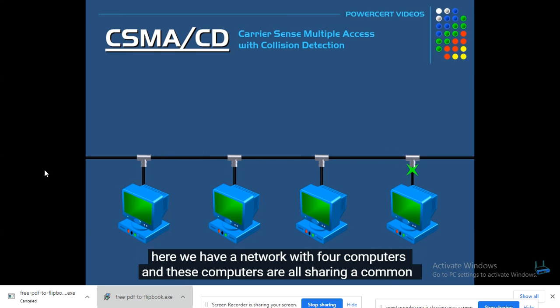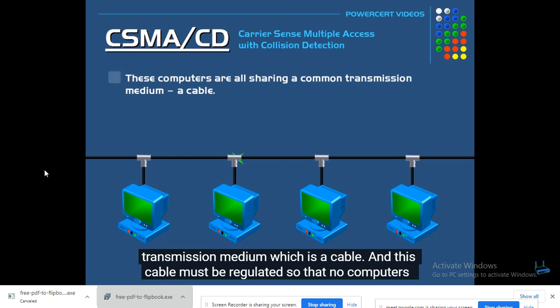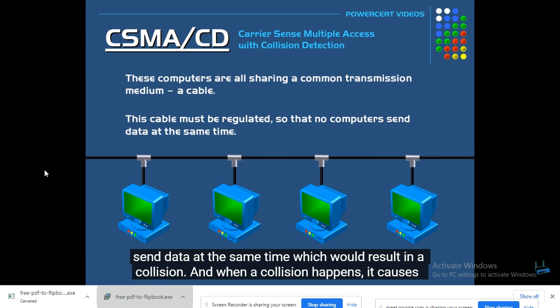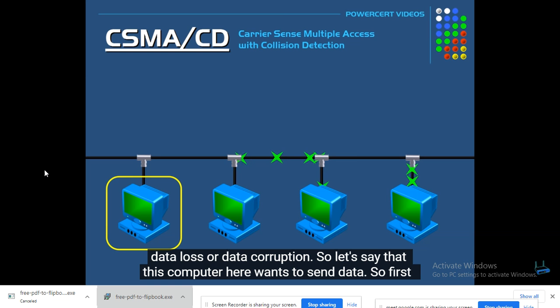So as an example, here we have a network of four computers. And these computers are all sharing a common transmission medium, which is a cable. And this cable must be regulated so that no computers send data at the same time, which would result in a collision. And when a collision happens, it causes data loss or data corruption. So let's say that this computer here wants to send data.